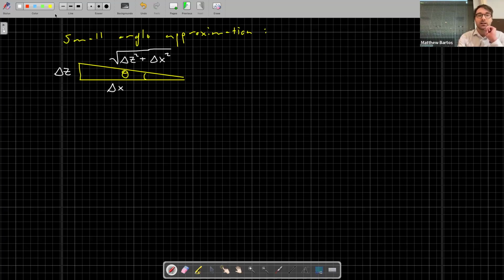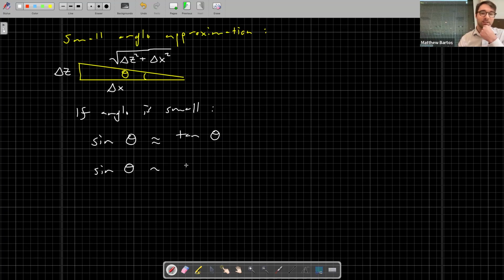If the angle is small enough, which is usually the case when you have pipes or open channels, the angle will be very small. Sine theta will be approximately equal to the tangent of theta, and thus sine theta is approximately equal to delta z divided by delta x, which I will call the bottom slope.